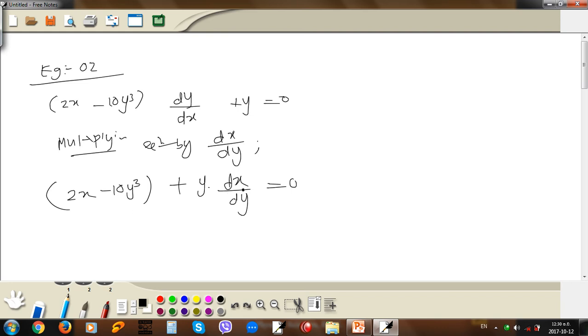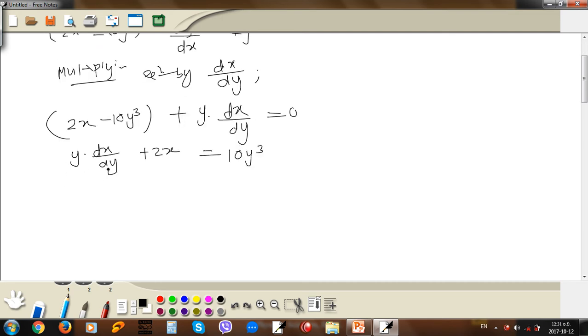Now I am sending that to the other side. Then y times dx over dy plus 2x equals 10y to the power 3. Then I am dividing the whole equation by y. Then dx over dy plus 2x over y equals 10y to the power 2.